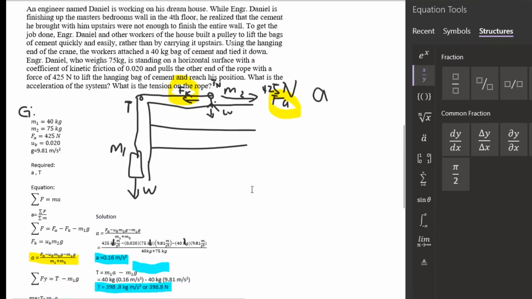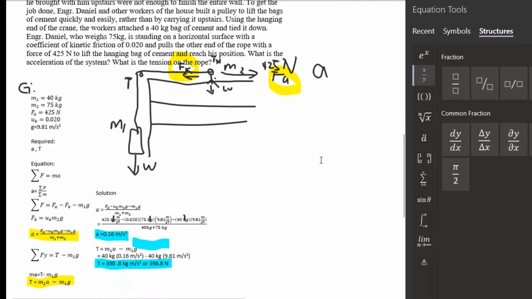So the question is, what is the acceleration of the system? The acceleration of the system is 0.16 meter per second squared.